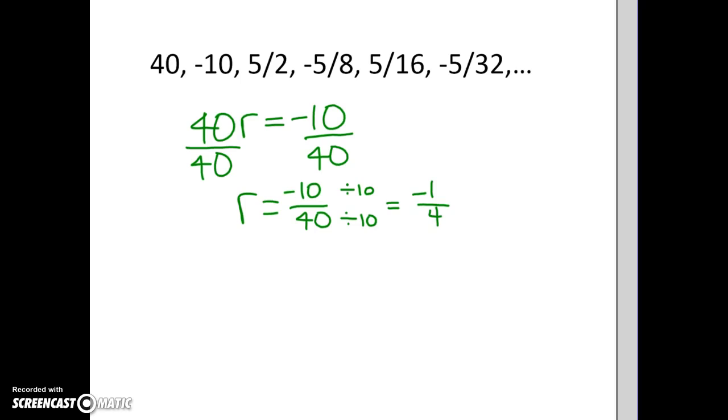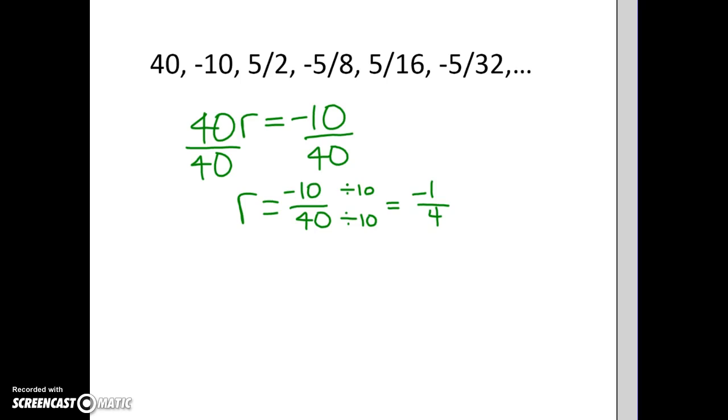Is negative 5 eighths times negative 1 fourth 5 over 16? Is 5 over 16 times negative 1 fourth negative 5 over 32? What did you come up with there?